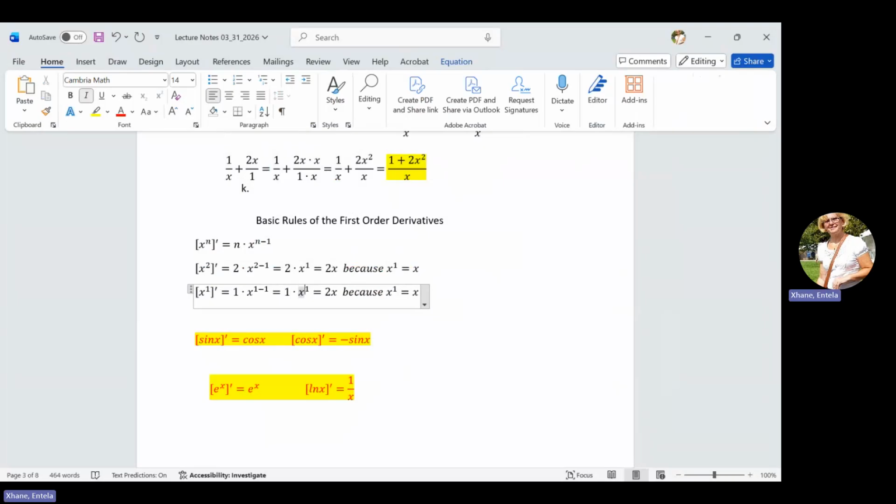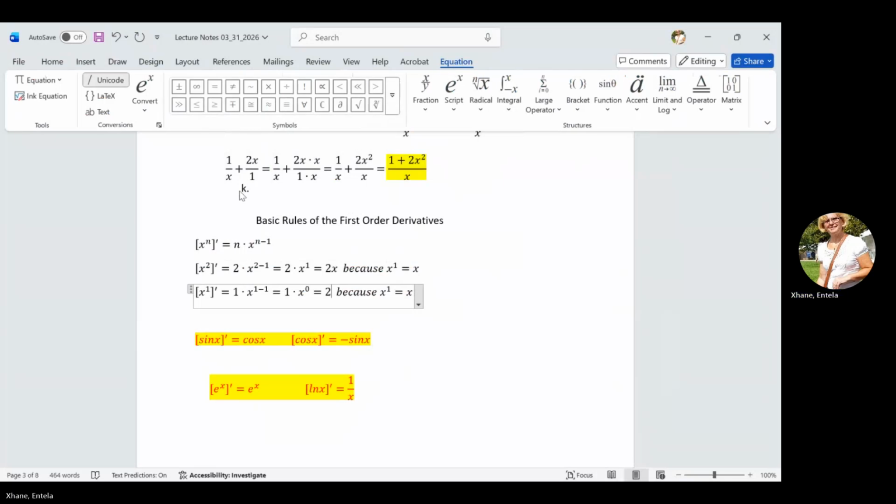And then x to the power 1 minus 1 becomes x to the power 0. And x to the power 0 is 1. Any finite number raised to the power 0 is 1. So altogether, this is 1. Reminding everyone, any finite number raised to the power 0 is equal to 1. So these are two special cases.